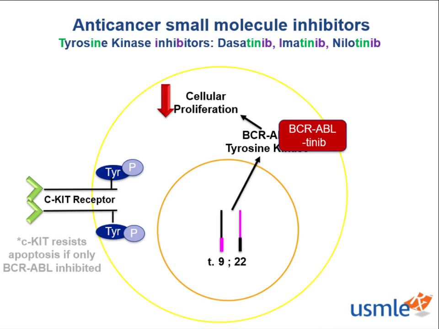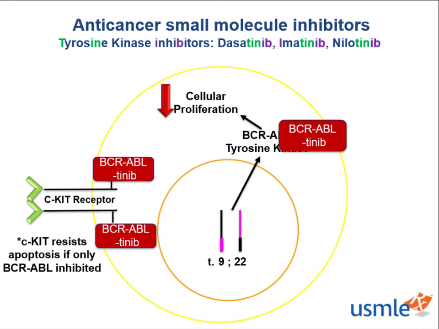Thus, c-KIT is a tyrosine kinase receptor that actually resists apoptosis if these drugs only target the BCR-ABL mutant protein. So, by design, these agents listed in the title also target and inhibit c-KIT. Now these cancer cells are less able to resist apoptosis as the therapy has effectively targeted the BCR-ABL and the c-KIT. Pretty amazing basic science, isn't it?